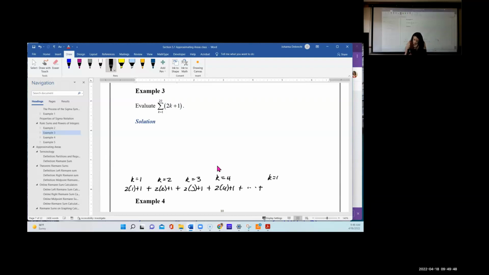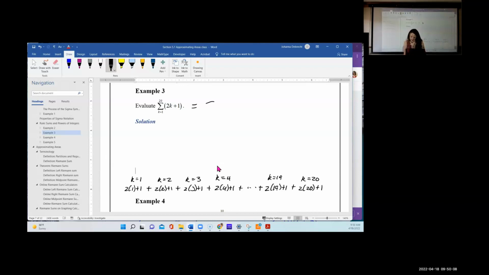So k equal 19, 2 times 19 plus 1, plus, and k equal 20, 2 times 20 plus 1. But that would mean you would have to do all of the arithmetic by hand, which is super onerous. So we don't want to do that.